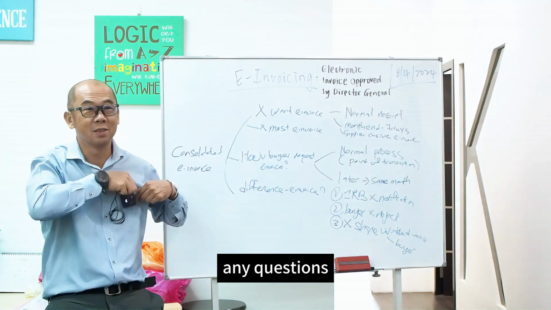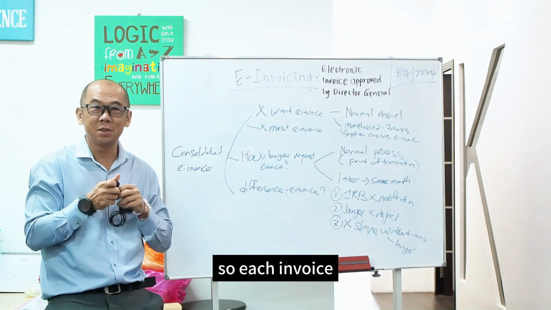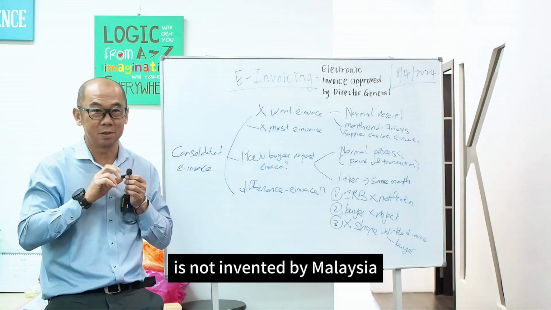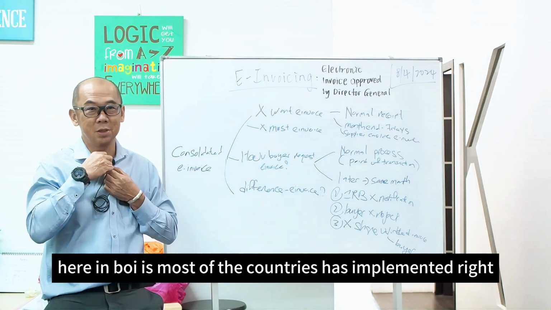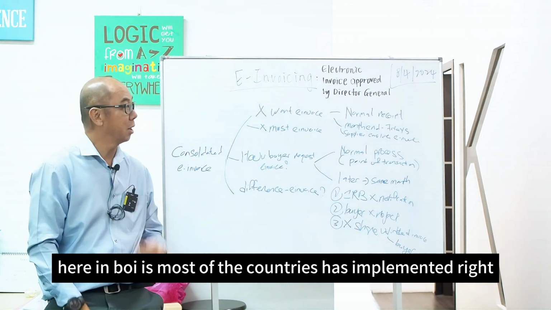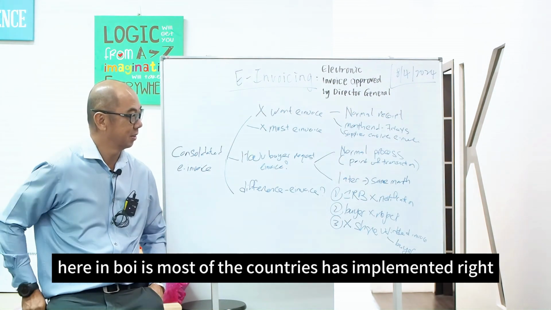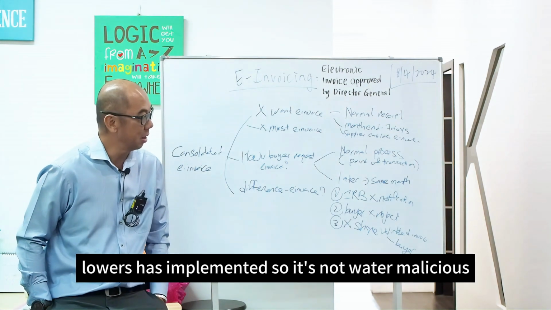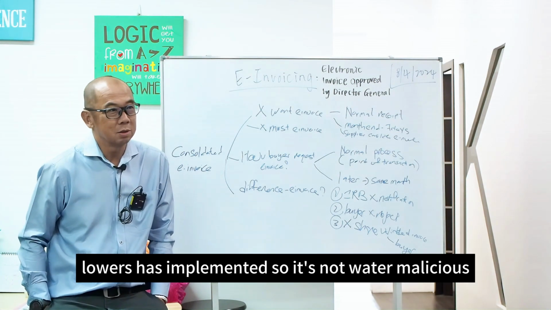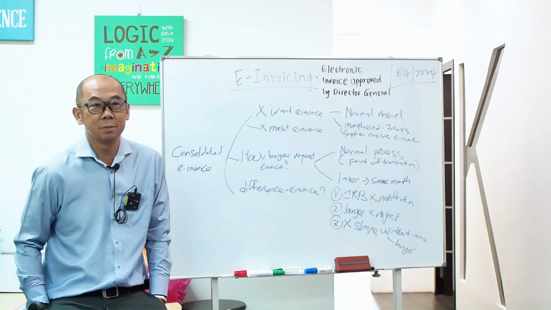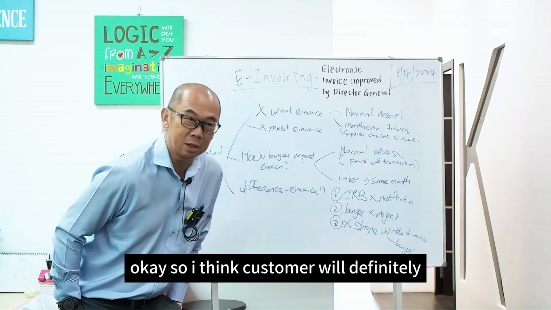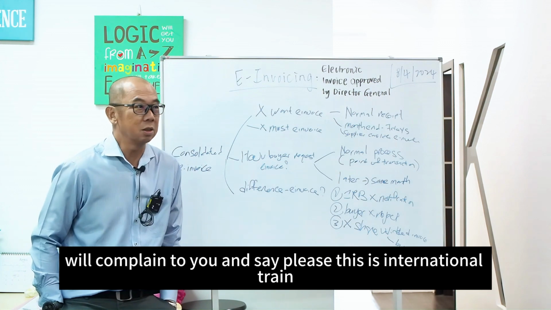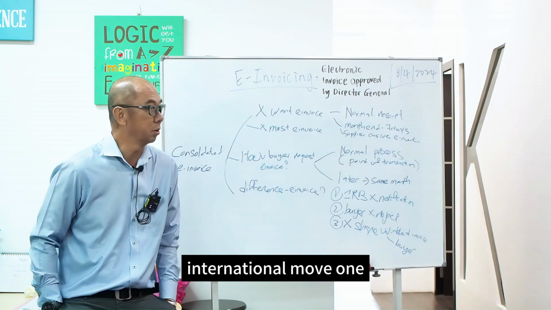Any questions? So e-invoice is not invented by Malaysia. Most of the countries have implemented it, right? Even, you will be surprised, Vietnam and Laos have implemented. So it's not made in Malaysia, okay? I think customers will definitely complain to you, so say that this is an international trend, an international movement.